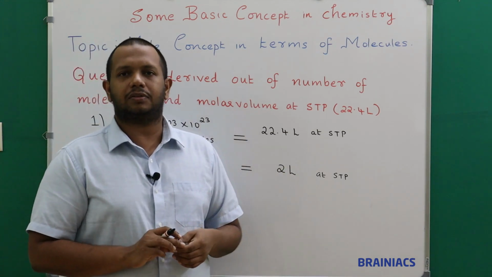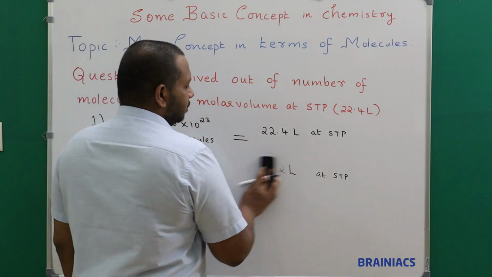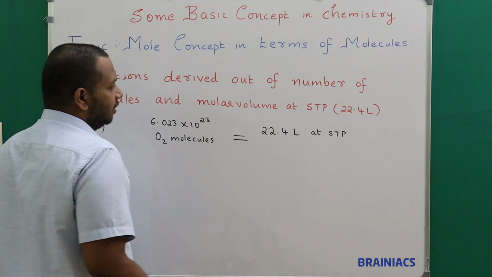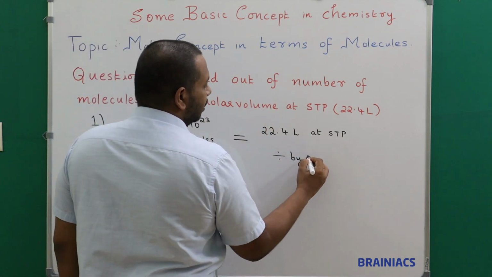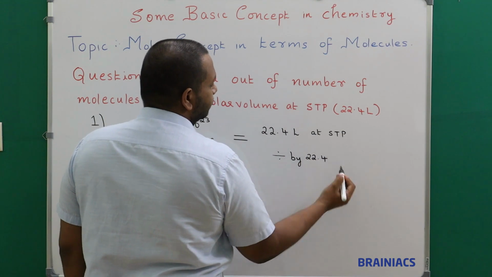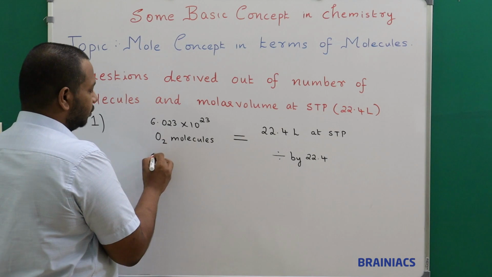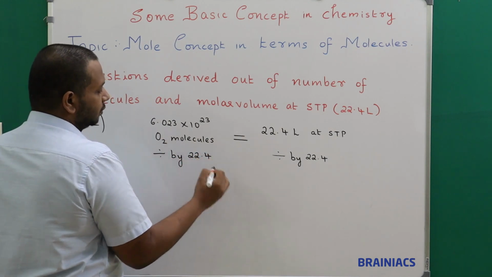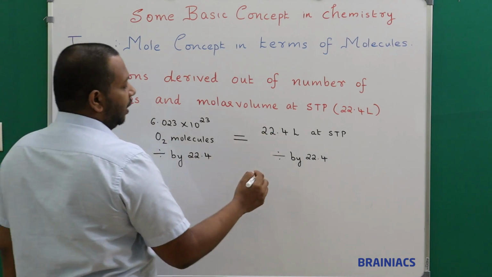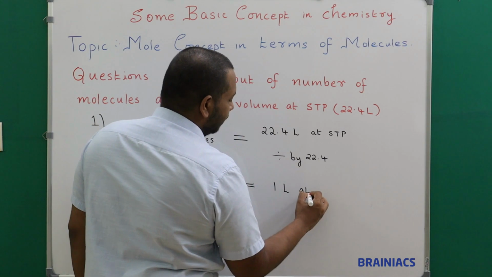We will do it in that classical approach. To make this 1 liter, what should I do? Divide by 22.4. If you are dividing on the RHS by 22.4, divide on the LHS also by 22.4. So when you divide, this will become 1 liter at STP.